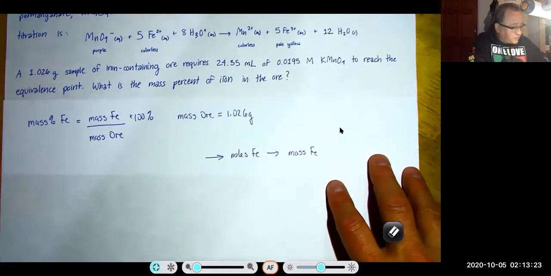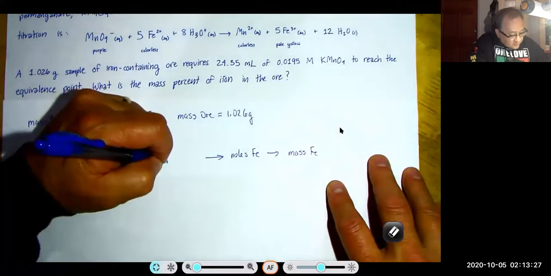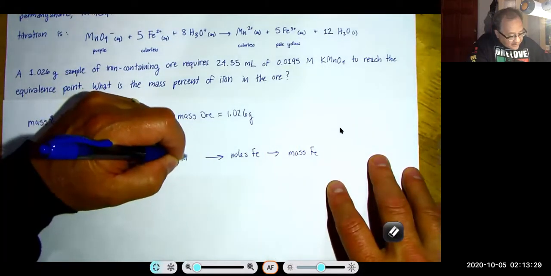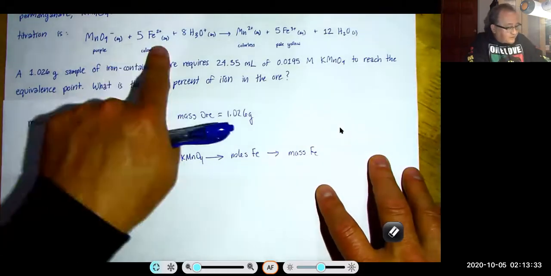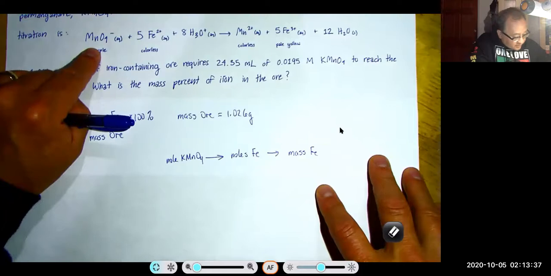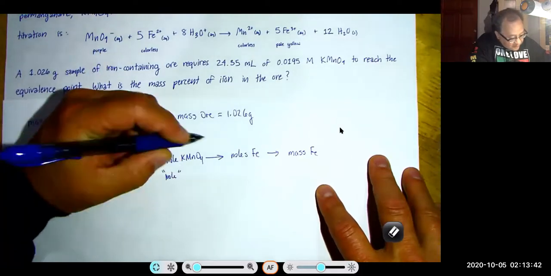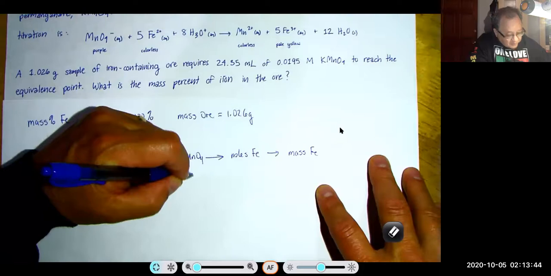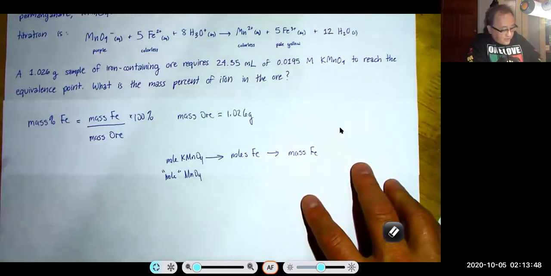Well, you'll notice we're using the potassium permanganate, so I imagine we need the moles of potassium permanganate. And really, we don't see potassium permanganate up here, but that is the permanganate ion. So I'm going to put in little quotes here, moles of permanganate would be the same thing, right? Because if you look at the mole ratios here, it's a 1-to-1.